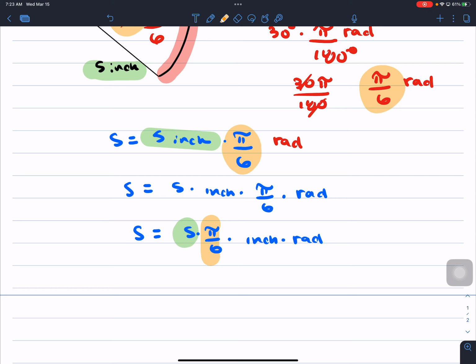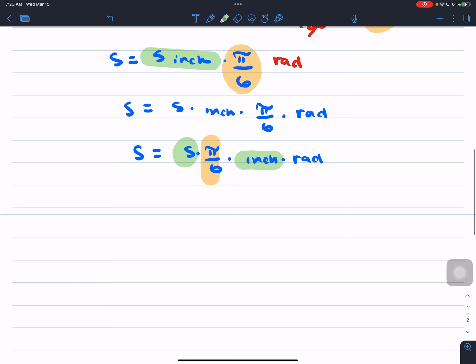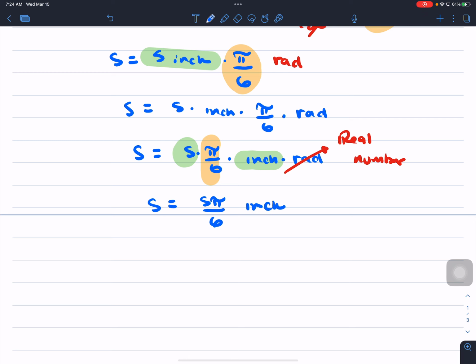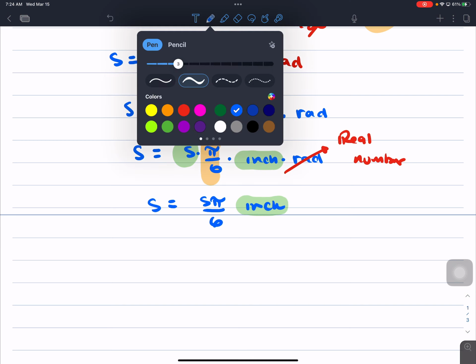Now, what are the units again? Pay attention to the units here, ladies and gentlemen. This is inches radians. What did I say radians really represented? See this? That's another way of saying just simply a real what? Number. Okay? So your final answer symbolically, if you look in back of the book, would be 5 pi over 6. The units are inches. You must put down the what? The units. See what I'm saying?